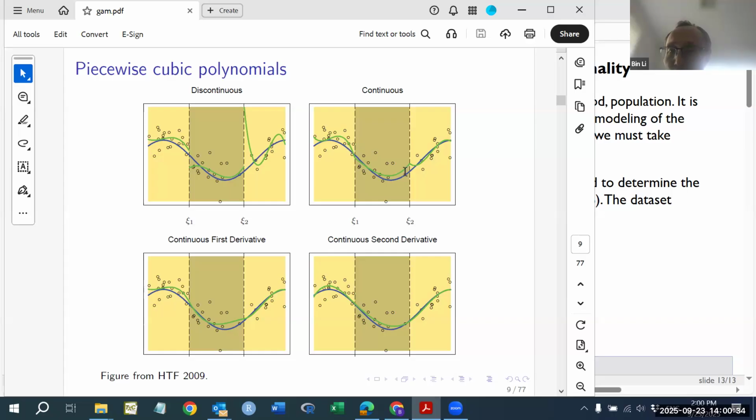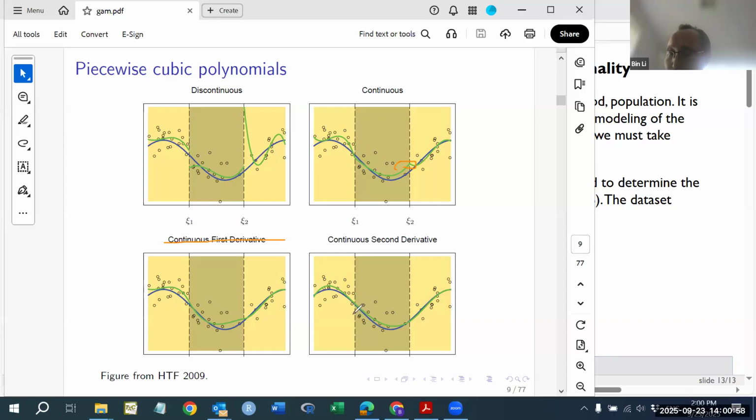But this one is continuous, though just like the previous one, it's not smooth at all. So this one is continuous in the first order derivative, so it is much smoother than that one. It's continuous in its raw value as well as the first order derivative.